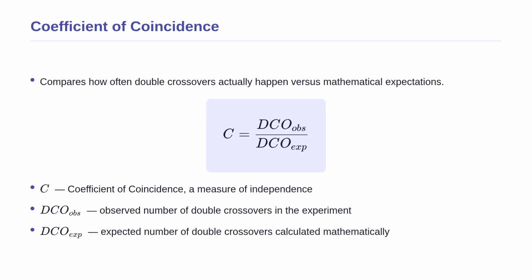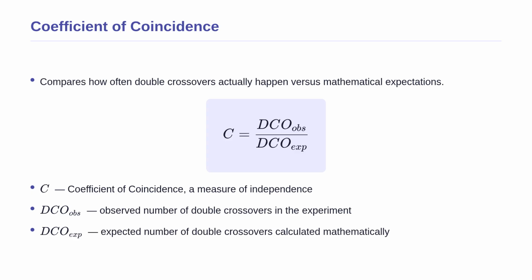Now that we understand the biological concept, let us look at how we measure it mathematically. We start with the coefficient of coincidence, represented by the letter C. Conceptually, this formula compares how often double crossovers actually happen in reality to how often we mathematically expect them to happen if they were completely independent.